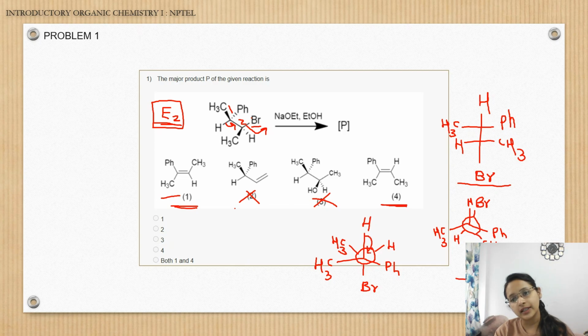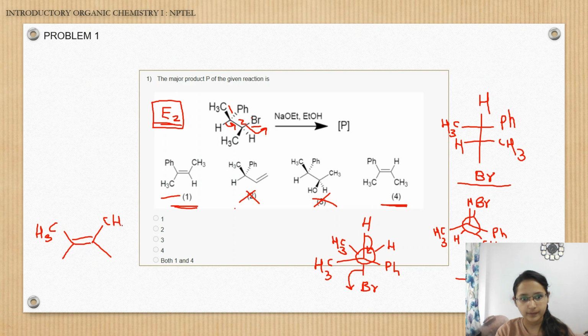Now, if it is getting eliminated like this, then what alkene will you have? You will have an alkene in which these two methyl groups are on the same side. And this will be again Ph and hydrogen. So you will end up having this alkene.